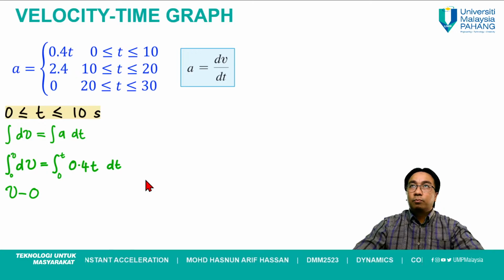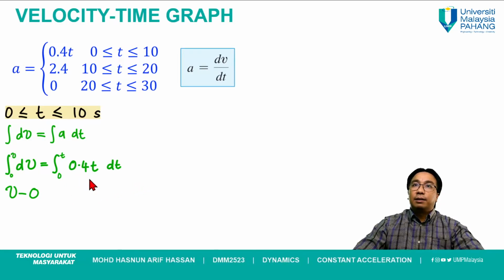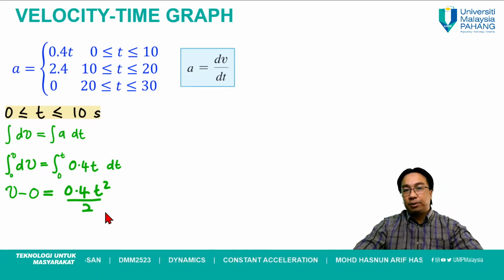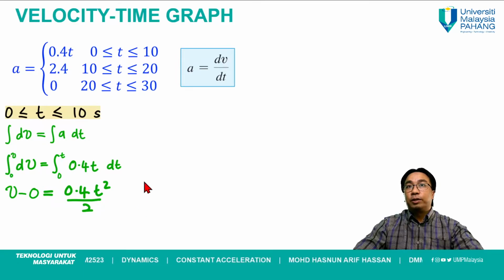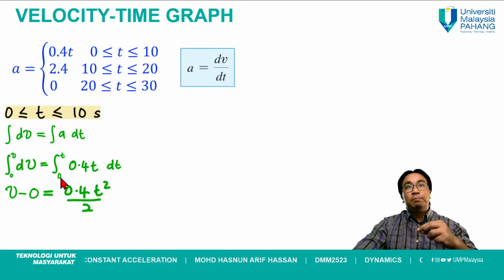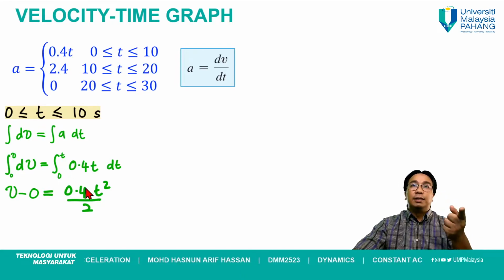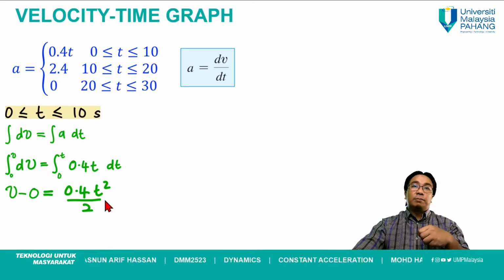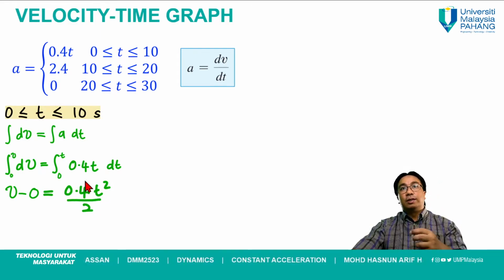0.2 t square. 0.2 t square. Betul? Okay. It's basically 0.4 t square bahagi 2 lah kan? Betul lah? So you will get 0.2 t square. And then integration ini daripada lower limit is 0, upper limit dia t. So when you substitute t, you akan dapat yang ni. When you substitute 0, you akan dapat 0. So dia kekal dengan inilah.